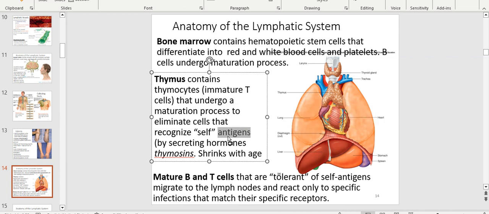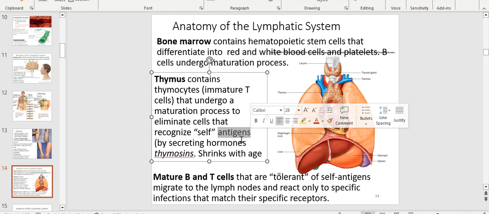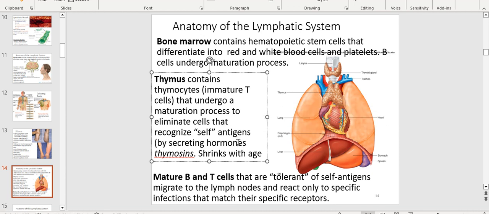That is how we tell one of our cells from a foreign cell, because our cells have certain glycoproteins that need to be recognized. Foreign cells will be missing those particular glycoproteins, those antigens, or they have different ones, and then all of a sudden the alarm bells go off, right? And then we've got a foreign invader.